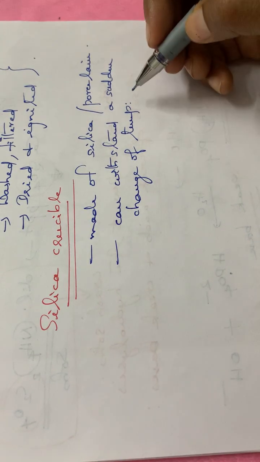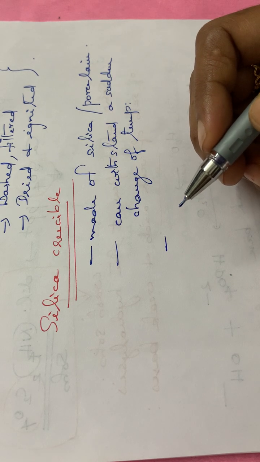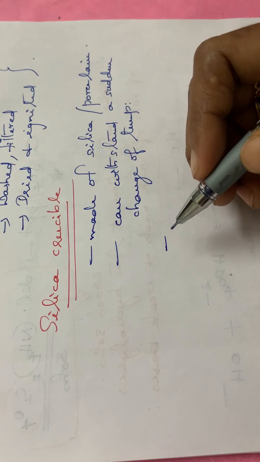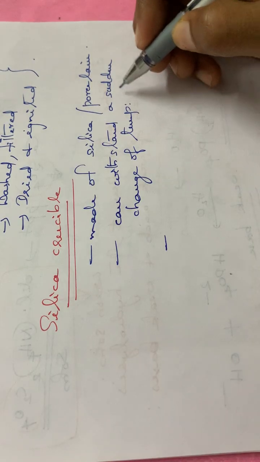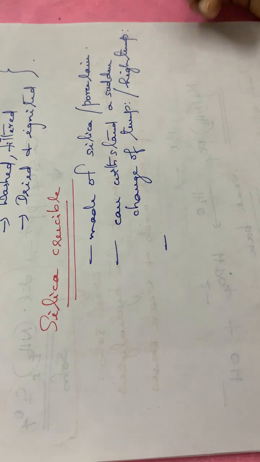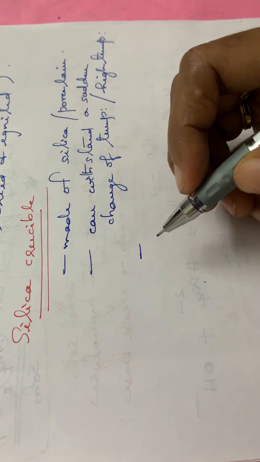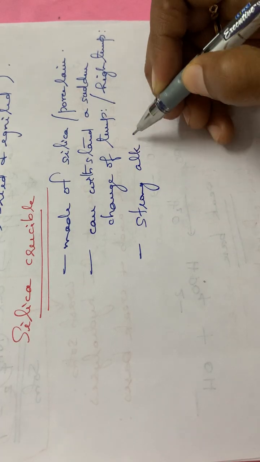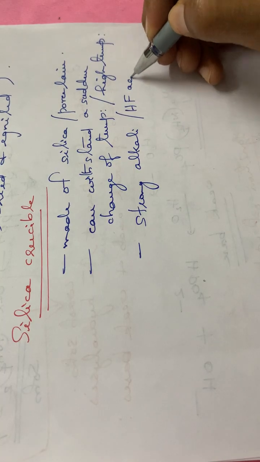And also, it will not be easily broken while applying a high temperature; even if we are supplying a very high temperature, it will not break easily. So it can withstand a sudden change of temperature as well as a high temperature. And usually, silica crucibles will react with strong alkalis or hydrofluoric acid.